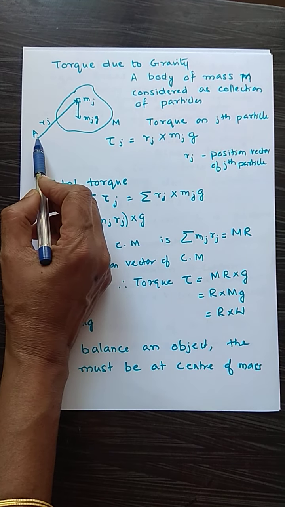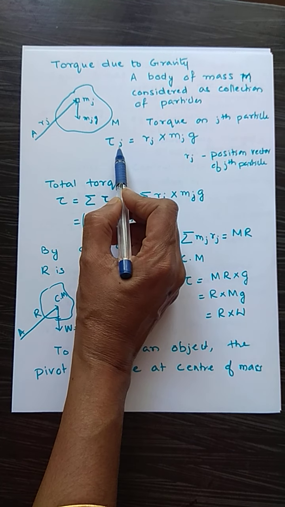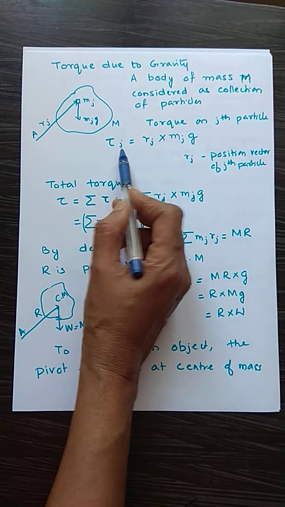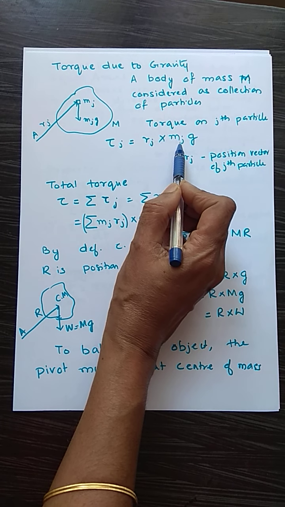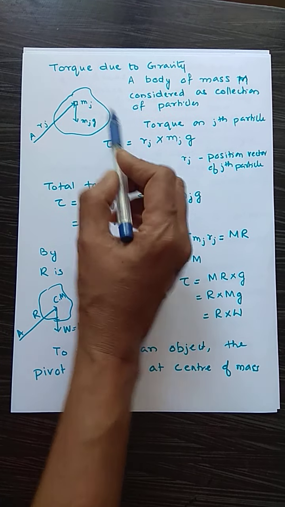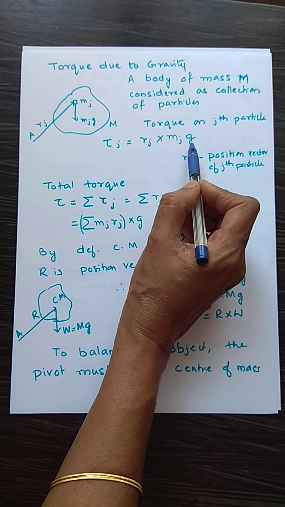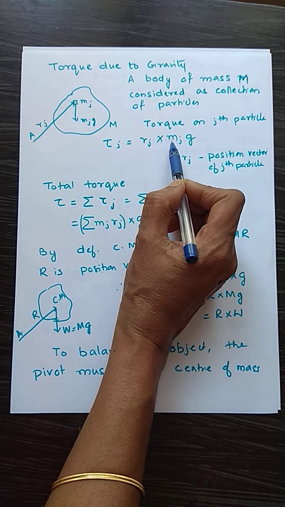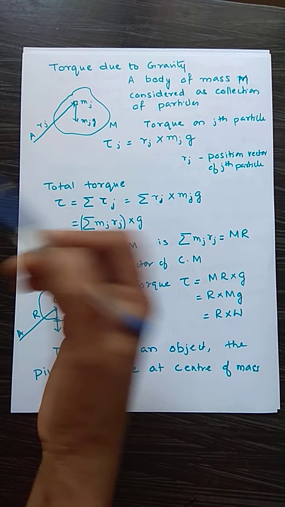So you have to calculate the torque due to each particle. For the jth particle, the torque will be r_j cross F. The force on the jth particle is mass m_j into gravity g. So r_j cross m_j g is for the jth particle, and like that I have to sum up for all the particles.